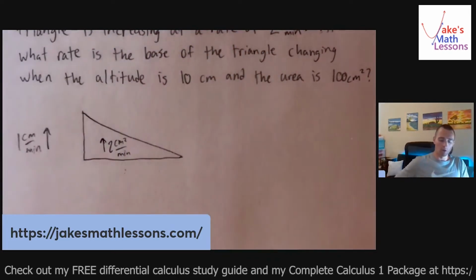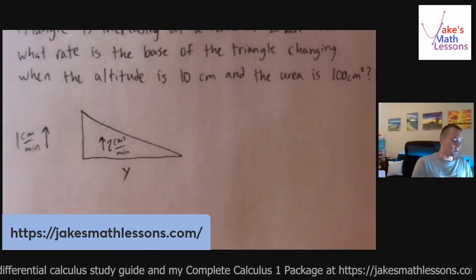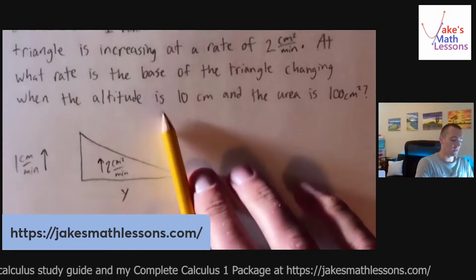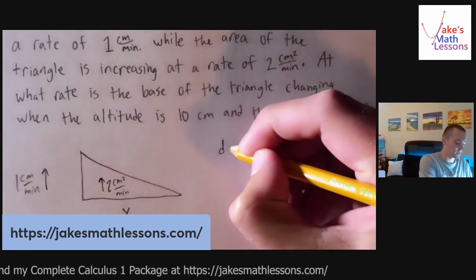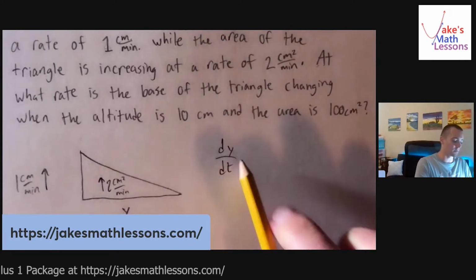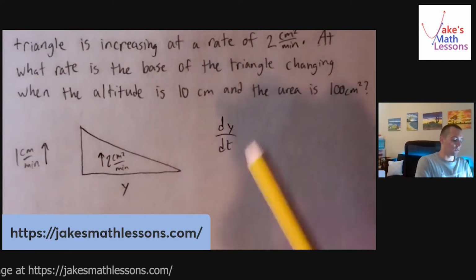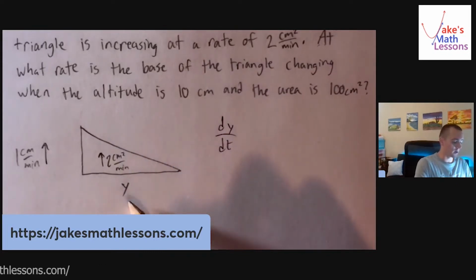So I'll just go ahead and call this y. And since it's asking for the rate that this is changing, we know that what we're trying to find in the end is dy dt, which is how fast y is changing with respect to time. So this is our final goal here, to find dy dt, given that we're labeling our base as y.